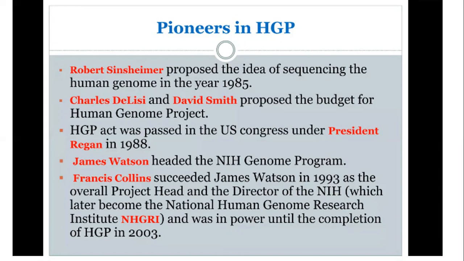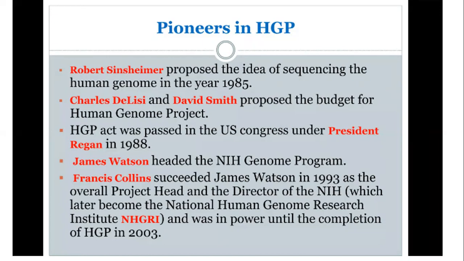Then the act of the Human Genome Project was passed in the U.S. conference under President Reagan in 1988. Then James Watson, who was the head of National Institute of Health. Actually, James Watson was the head of this project.